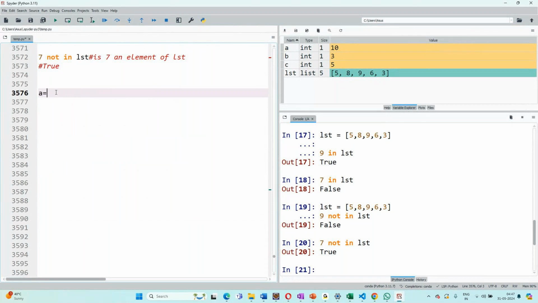Suppose A is equal to 5, B is equal to 3, and C is equal to 5.